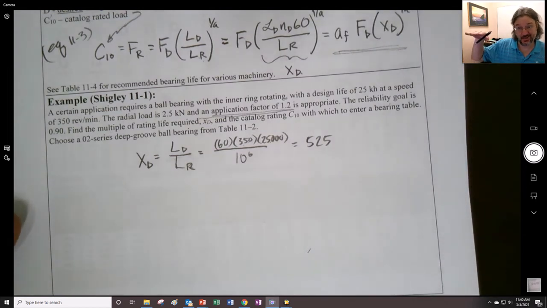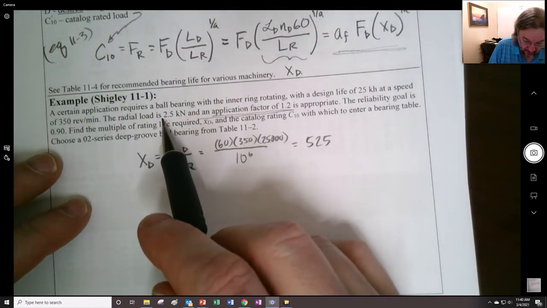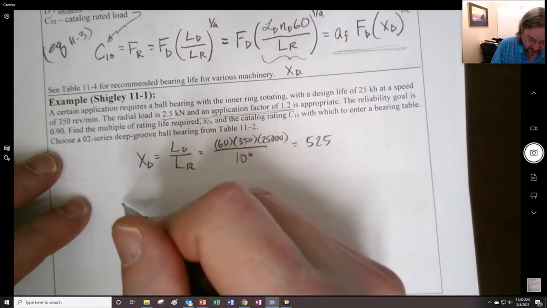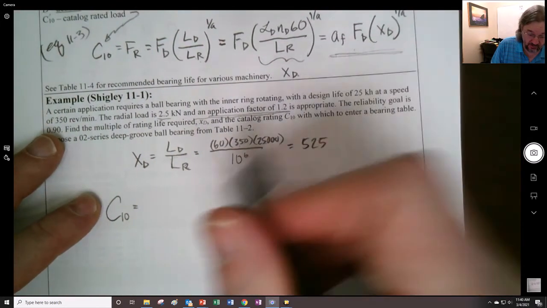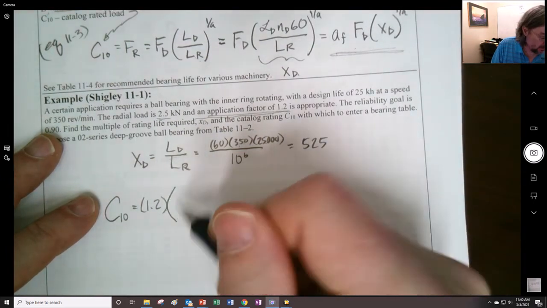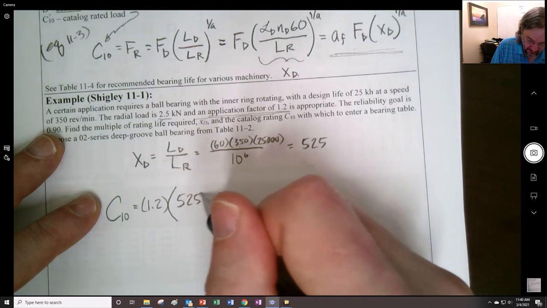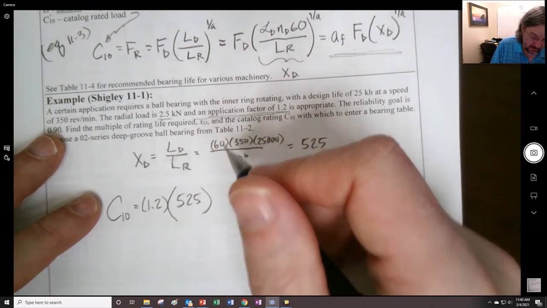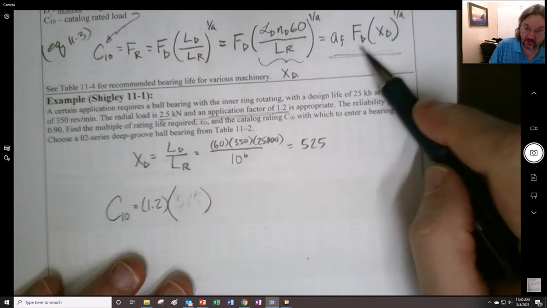So the load that we're going to put onto this thing is a radial load of 2.5. So we're going to find our C10. We're going to use this equation right up here and take an application factor. We're going to take our rated life, 525, and we need to multiply it by the FD.